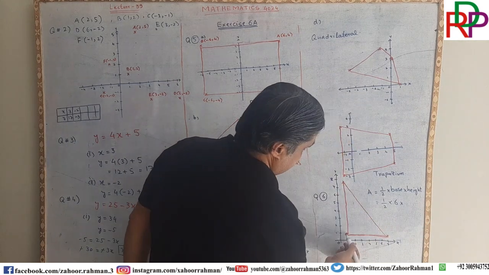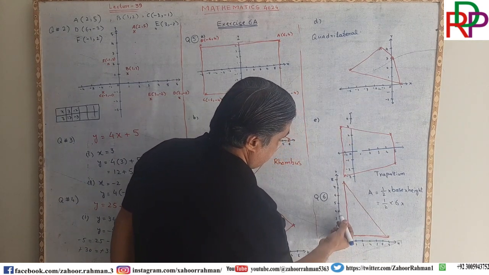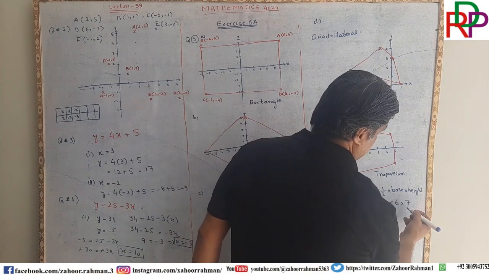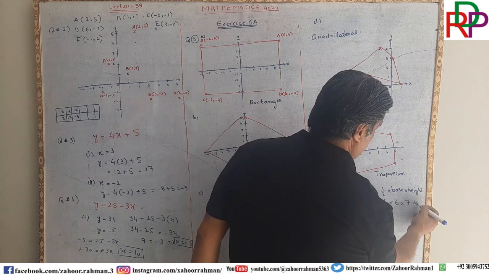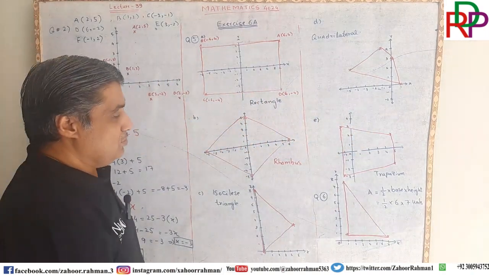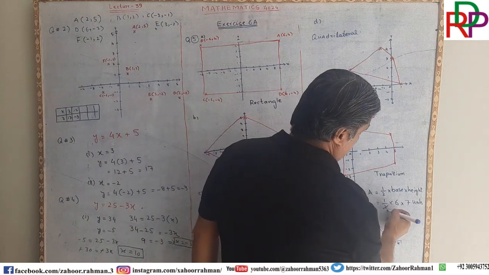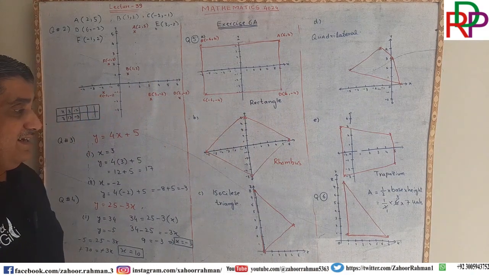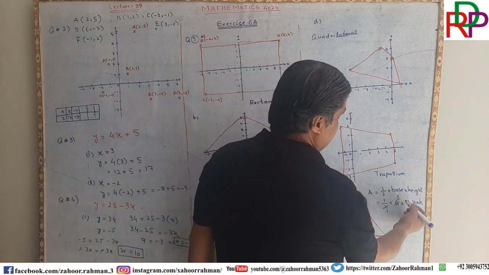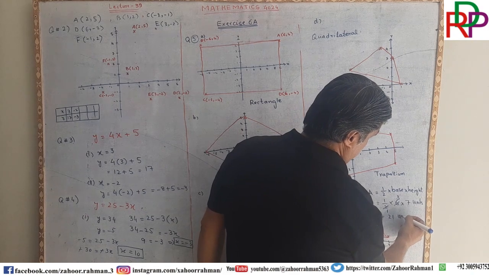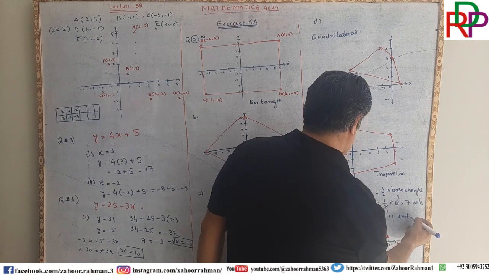And how much is the height from here? 1, 2, 3, 4, 5, 6, 7. So 7 is the height, and you have to write units. Now 2 ones are 2 and 2 threes are 6. And when we multiply this 3 with 7, it will be 21 units, whatever the unit is.